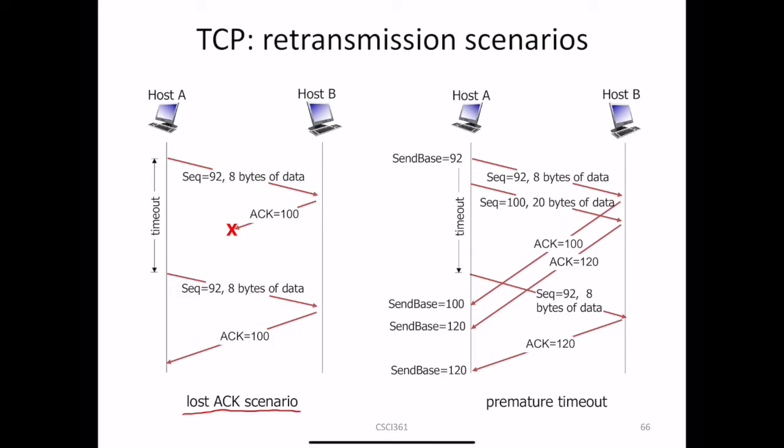Host A sends out a segment with sequence number 92 and 8 bytes of data to host B. After host B receives this segment successfully, host B sends an acknowledgement for segment 92, with the next expected sequence number 100, back to host A. However, unfortunately, this ACK control message gets lost.